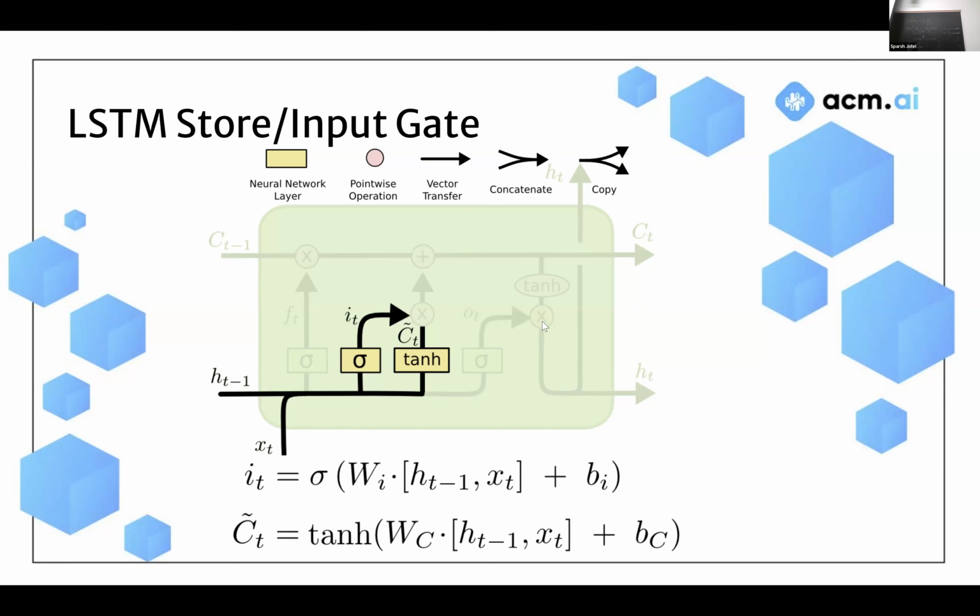Again, this puts all the values of the tensor between 0 and 1. Then you also put the concatenated values through another linear layer, and in this case the value will be between -1 and 1, because we're using the hyperbolic tangent.